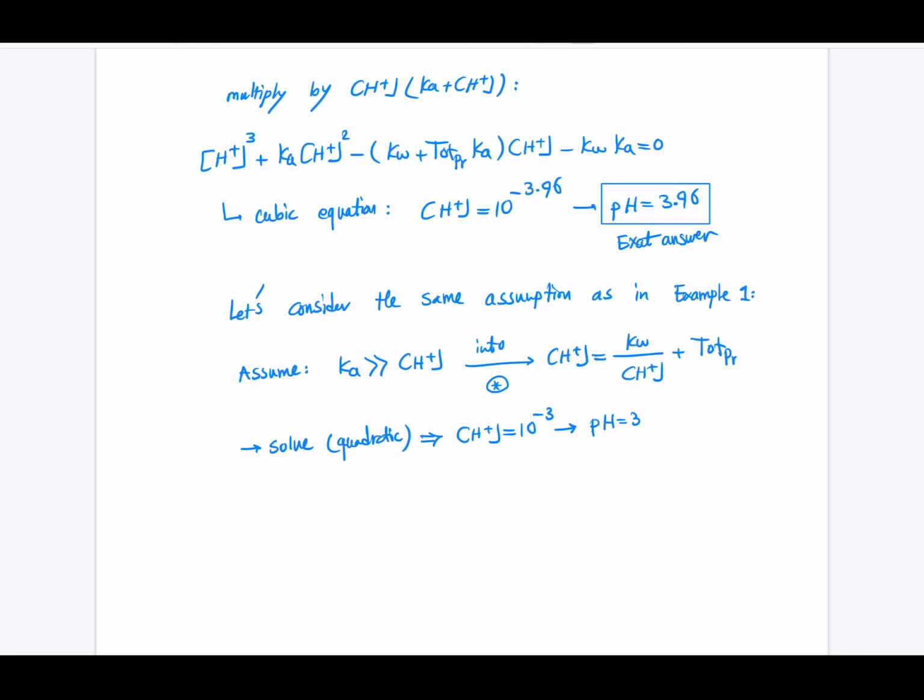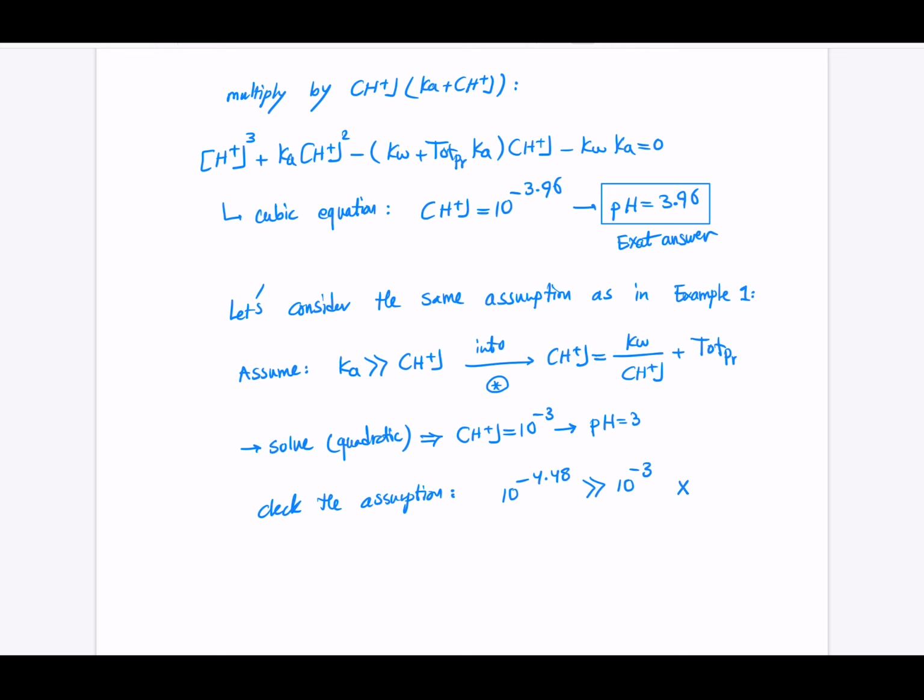Exactly. That's the point. As I mentioned, you have to always check the assumption. So if we check the assumption, then 10 to the minus 4.48, which is the Ka, because pKa was 4.48, just keep in mind. Then this is not much bigger than 10 to the minus 3, the pH we just calculated.